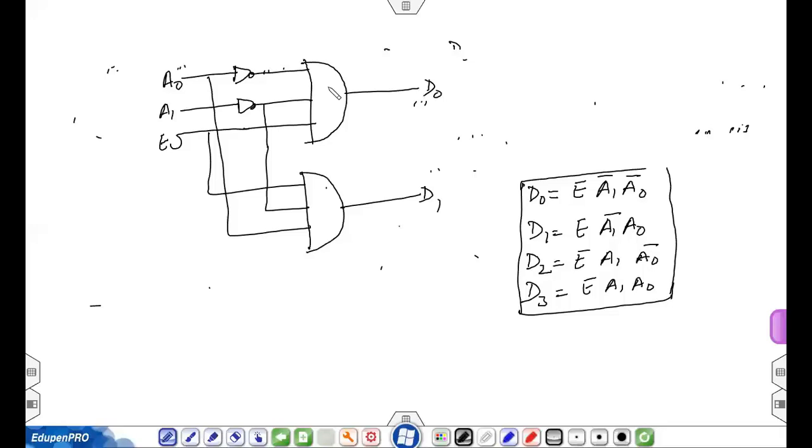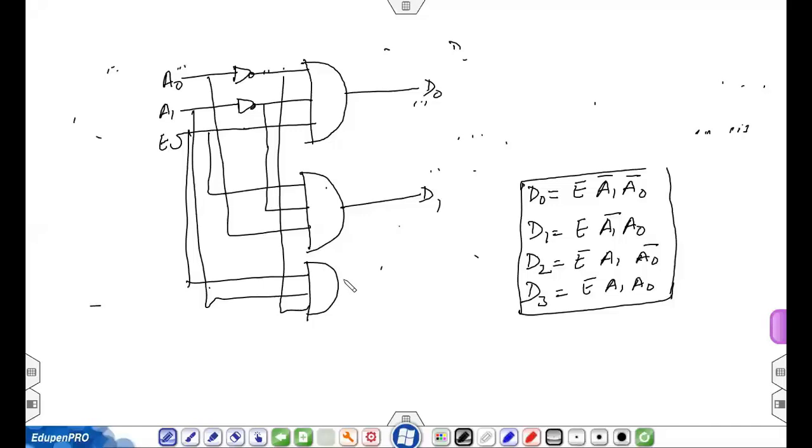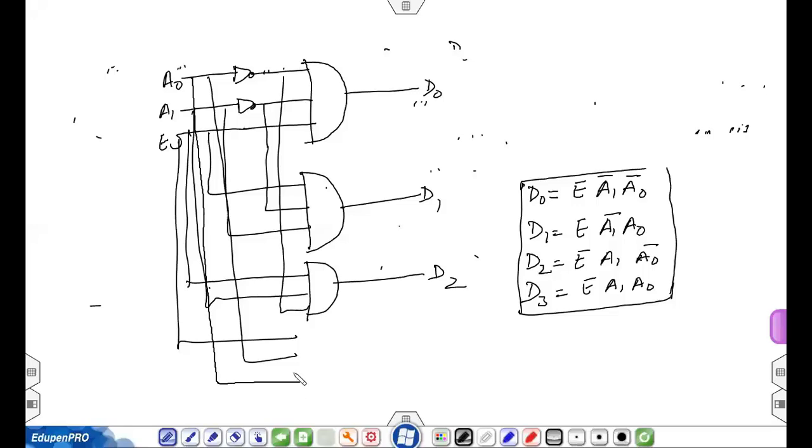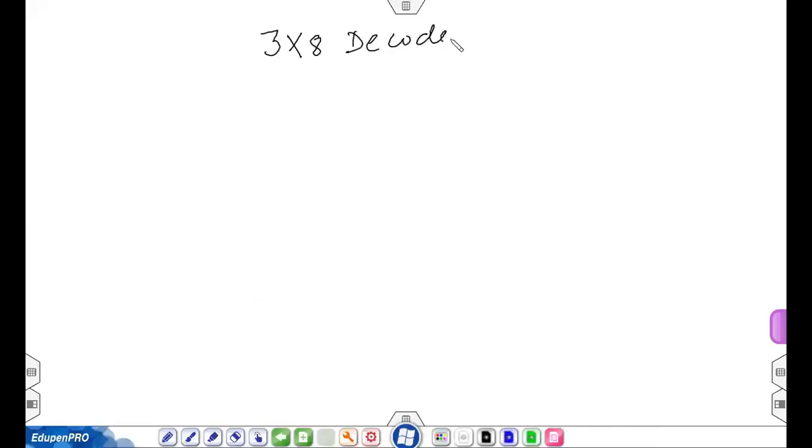Then E, A1 and A0 complement gives D2. Again E, A1 and A0 gives D3. So this is basically the design of the decoder.